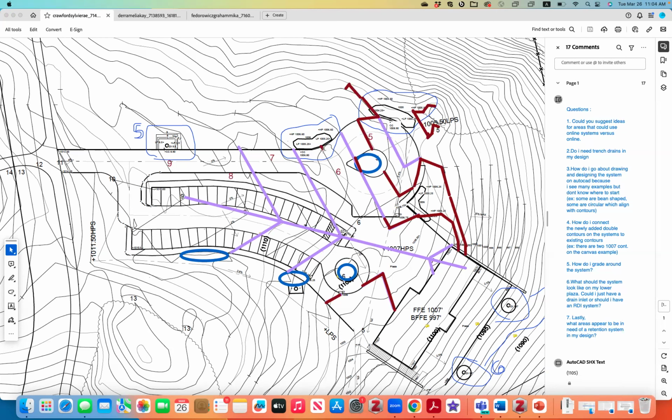But once it's dropped, it's over here, and then it goes along the curb and then connects back here. That's where the line is. 5 too. That is the 6. So 5 and 6. 6 goes like that. And now you know this line was not correct. Does that make sense?